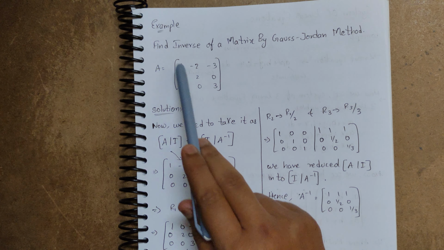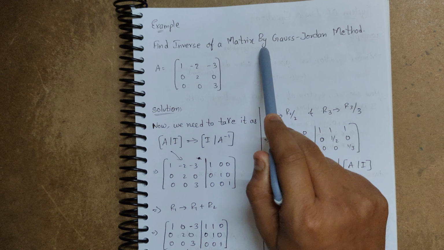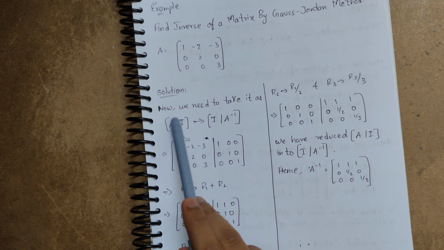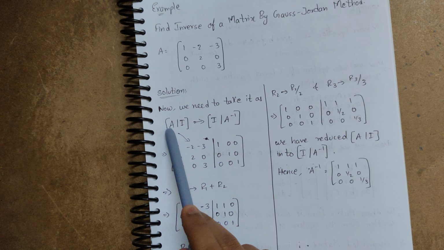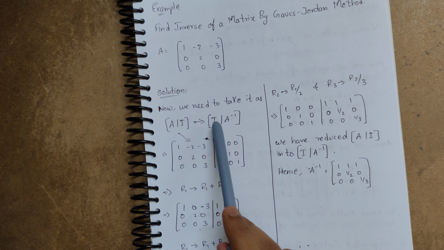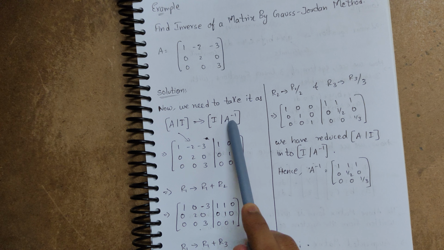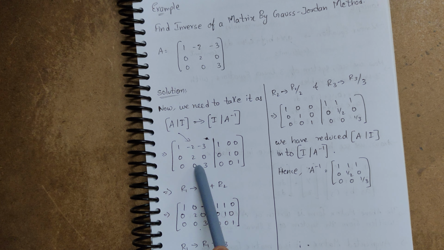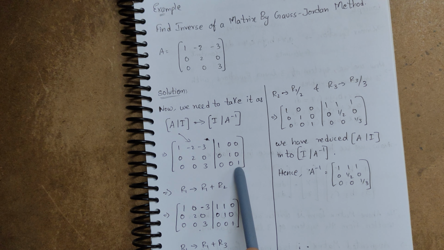Let's see an example. Find the inverse of this matrix by Gauss Jordan method. Now you will see here we need to take it as A augmented with I, and then I will be augmented with A inverse. I have shown it here. A will be written here, and I is taken like this: a 3 by 3 identity matrix. Now what will we do?